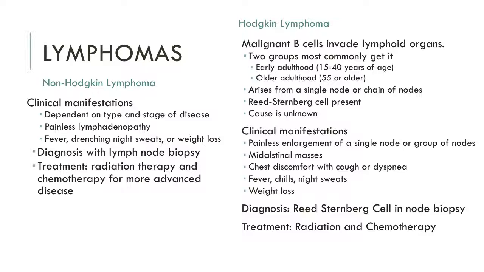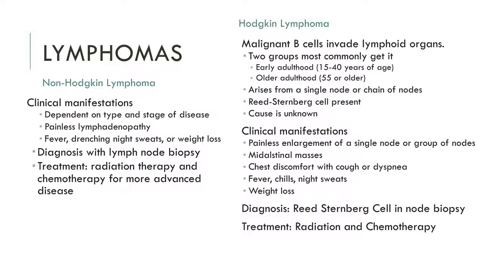It has a unique thing called a Reed-Sternberg cell, and that is the diagnostic indicator for Hodgkin's lymphoma. So when they're doing a node biopsy, they're looking for this Reed-Sternberg cell. They don't know what causes it. It just happens.